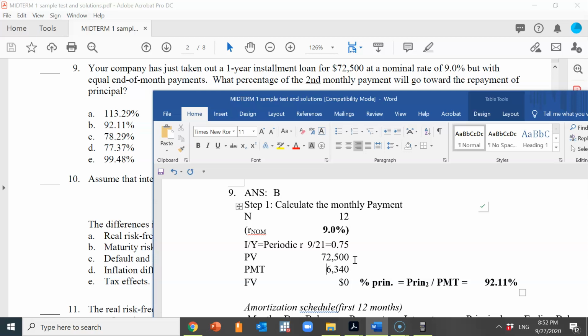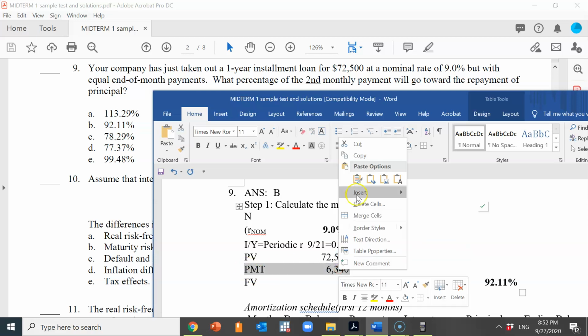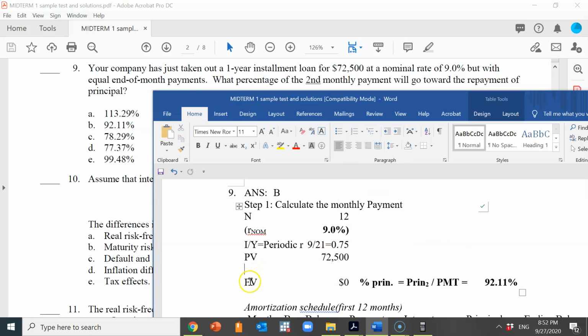Payment is what we want to compute for. Future value is 0, that's what we want to input. And then we compute for payments. We get negative payments, that's something we're paying for 12 months: negative 6340.